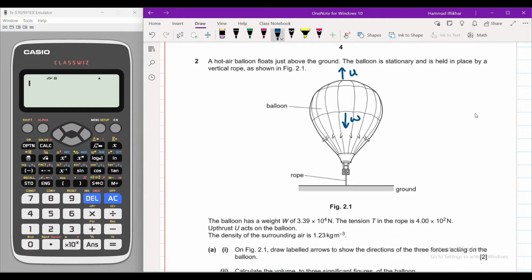And the third one is the tension. The tension always goes away from the object, so this is going to be downwards. Let's make that again. This is T.